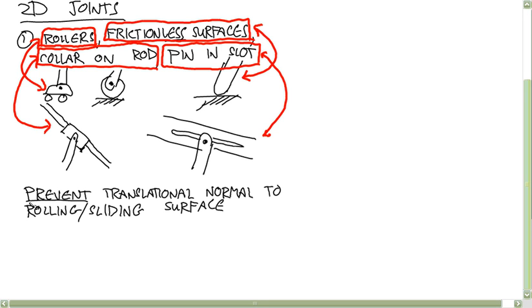Okay. So the force component is going to apply a single force component perpendicular to the surface. Perpendicular to this path, perpendicular to the ground here.